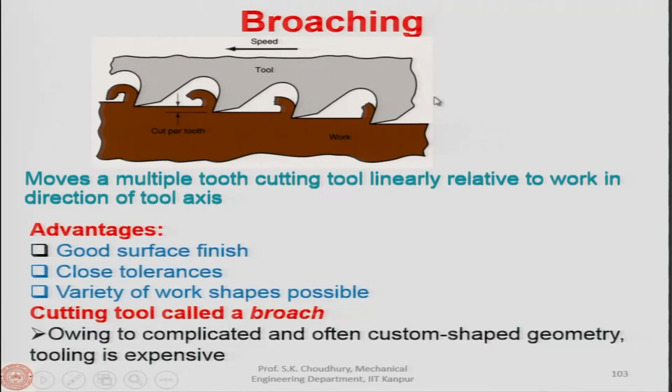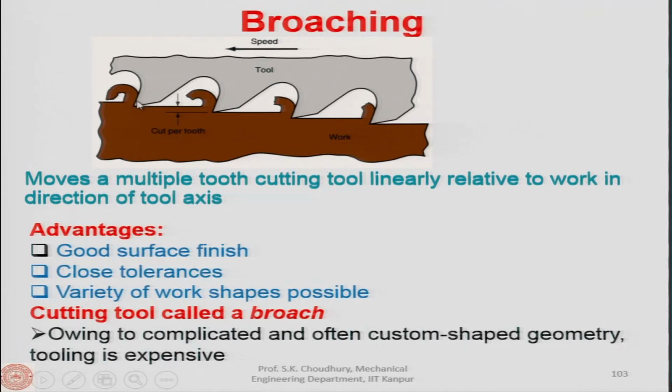If you see this drawing, this is given in the horizontal direction. Here the cutter has multiple teeth, a multiple tooth cutting tool moving linearly relative to the work in the direction of the tool axis. If you can see the depth here, of course it is two dimensional, that is why I am calling it a depth.